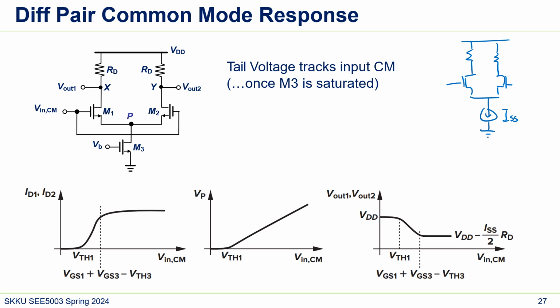And we replace this ideal current source with this M3 NMOS current source. We also discussed in the previous slide that the advantage of using this tail current source is that we can operate the circuit kind of independent of VinCM.